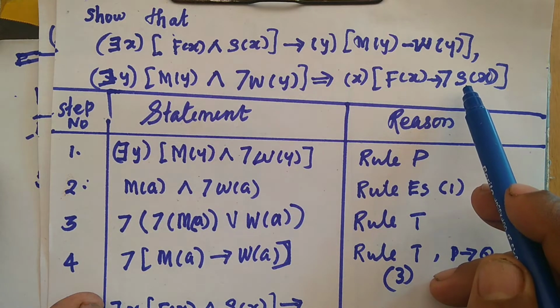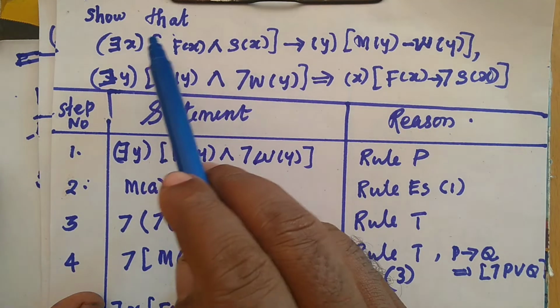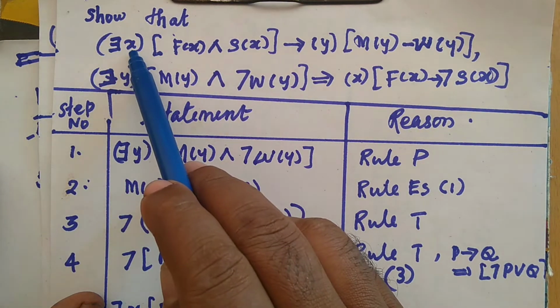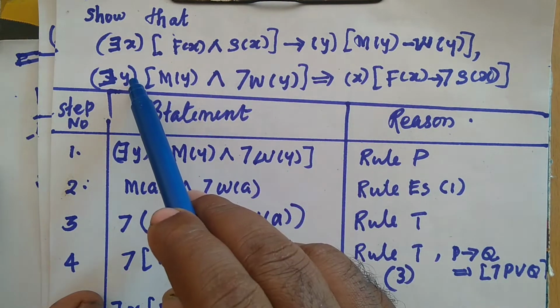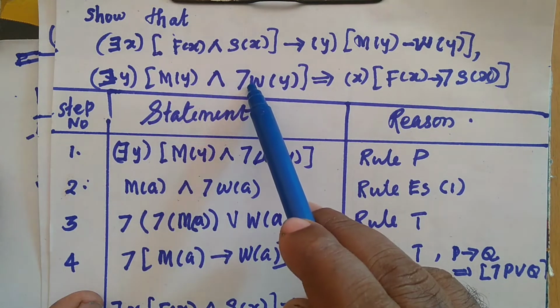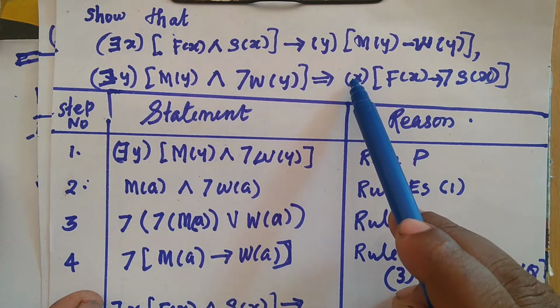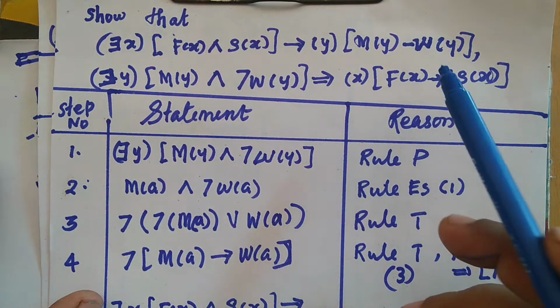So here the notations are very important: there exists x, for all y, there exists y, negation, as well as for all x and implies.